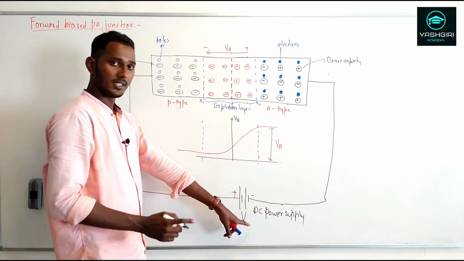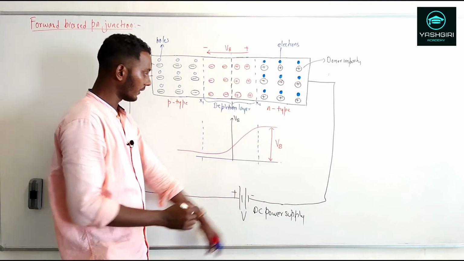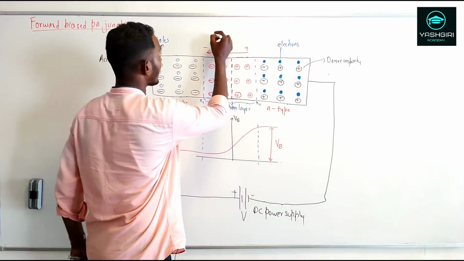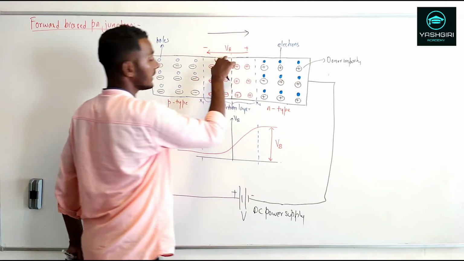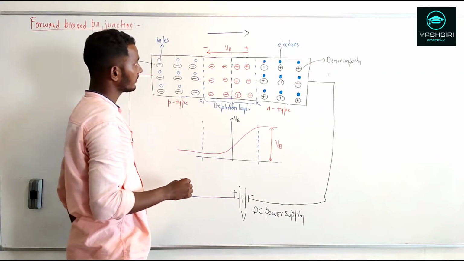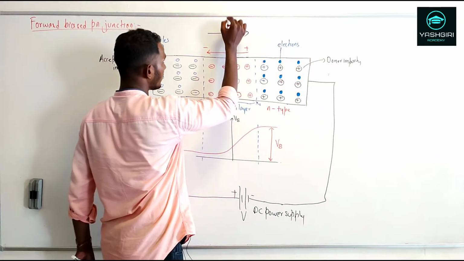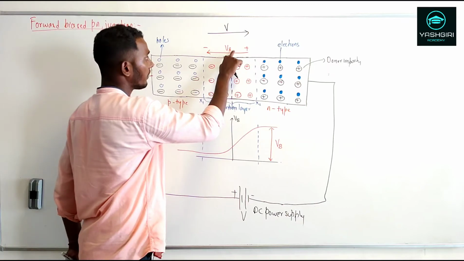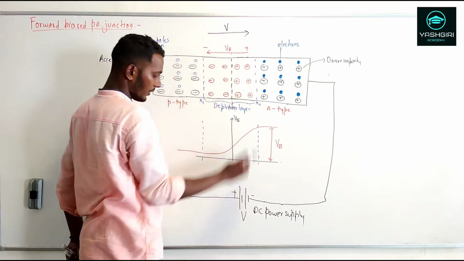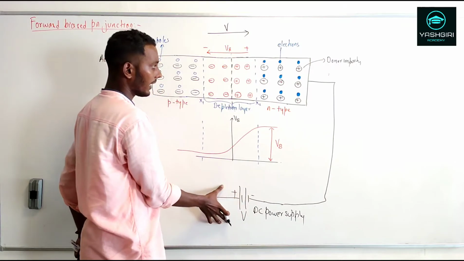Now when you connect this DC power supply, look at the direction of the electric field, which is exactly opposite to the field created due to the potential barrier. This is my barrier potential VB, and this V is the potential difference due to the external DC power supply.